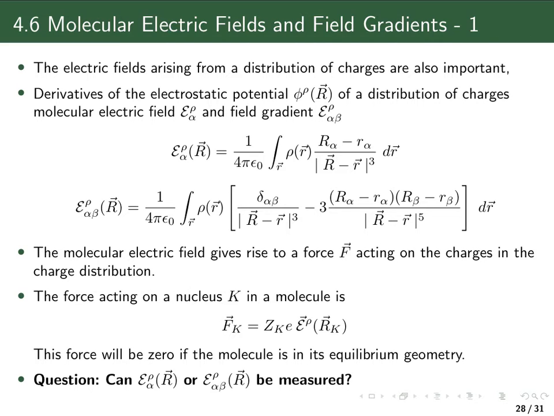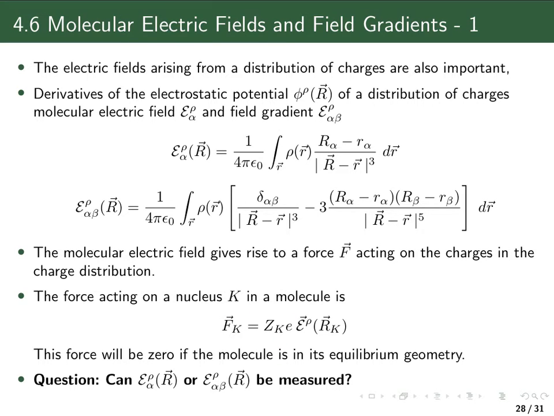We could look now at the value of this electric field at the position of one nucleus, where of course we have the contribution from all the electrons, but then only the contribution from all the other nuclei. Now this electric field at the position of this nucleus K, for example, will give rise to a force acting on the nucleus K, because the force is just the electric field times the charge of the particle on which the electric field acts.